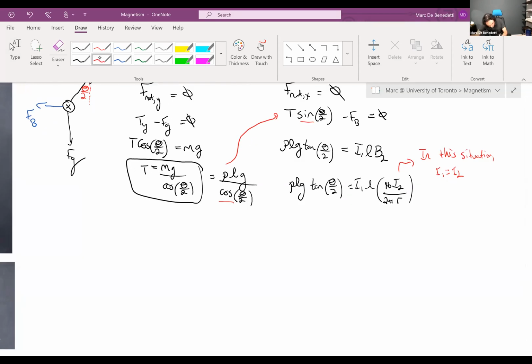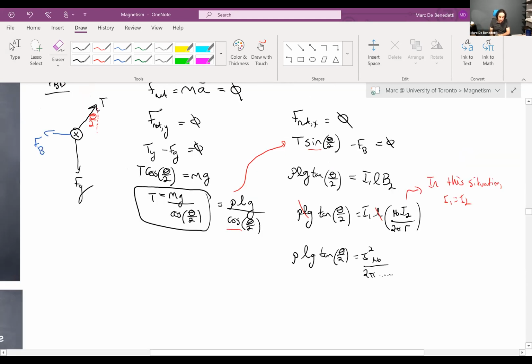So let's simplify some things. We're going to get rho L g tan theta over 2 equals I squared mu naught over 2 pi. And what is R?